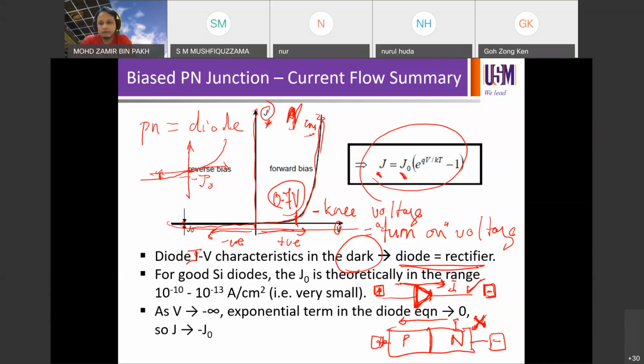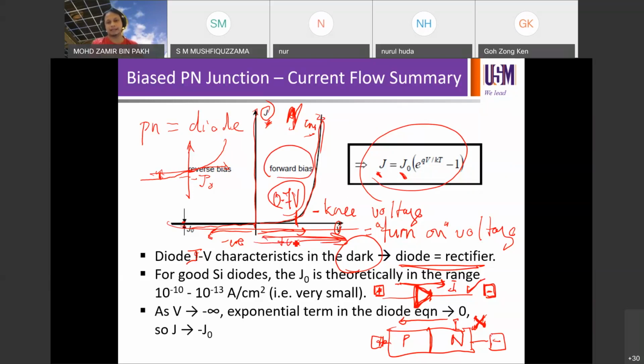So where is it on the curve? Anyone can point to me on the curve? Where are we on the curve? Can someone say something? Okay, right side, right? Forward bias region. We're talking about this region onwards.